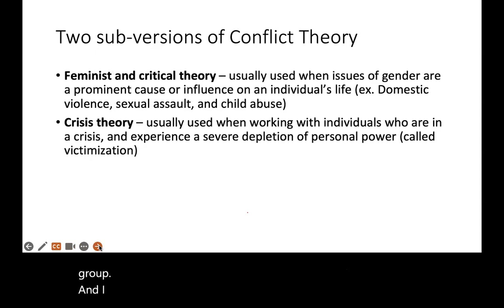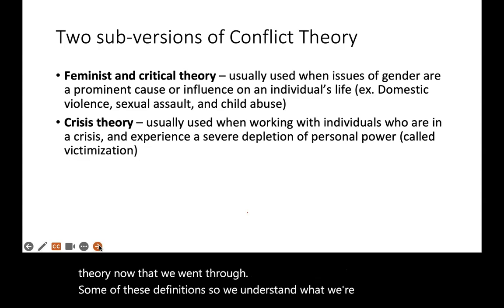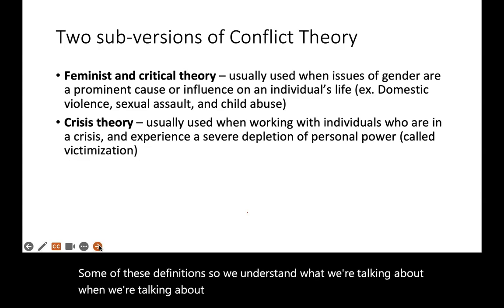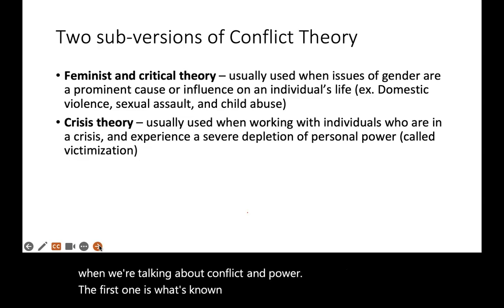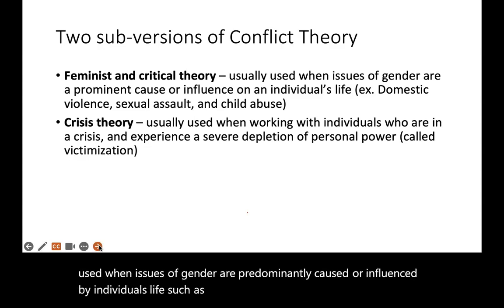I just want to talk about two sub versions of conflict theory, now that we went through some of these definitions, so we understand what we're talking about when we're talking about conflict and power. The first one is what's known as feminist and critical theory, usually used when issues of gender are predominantly caused or influenced by individuals' lives, such as domestic violence, sexual assault, and child abuse.